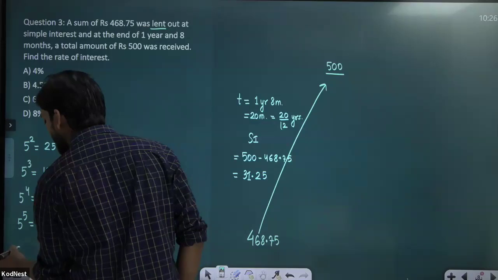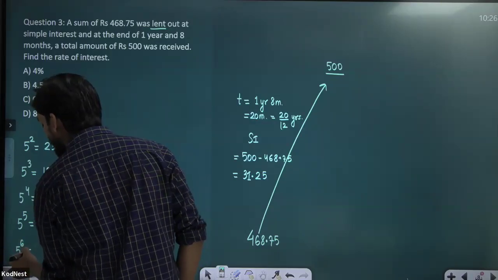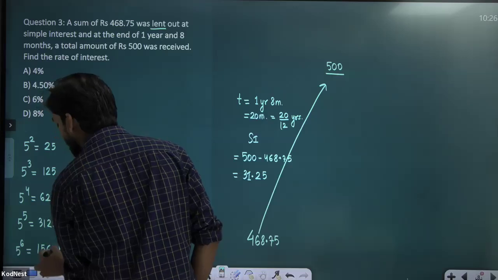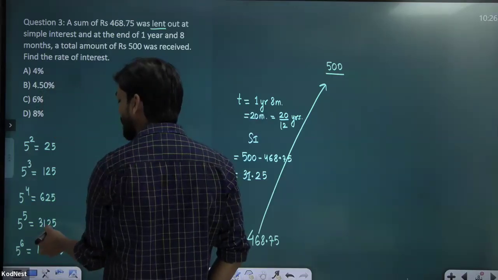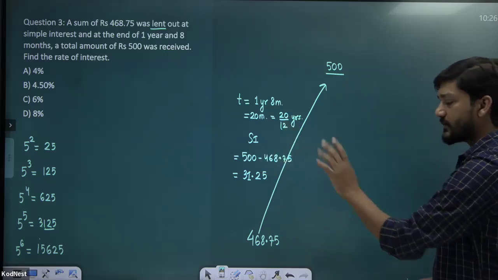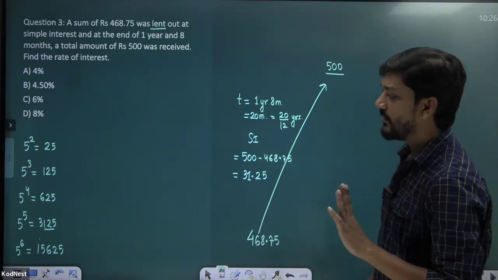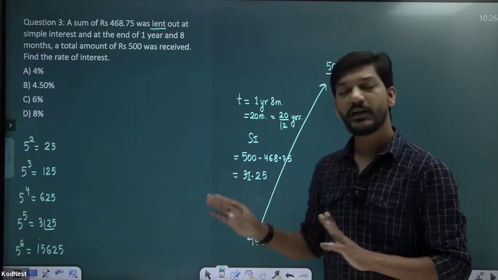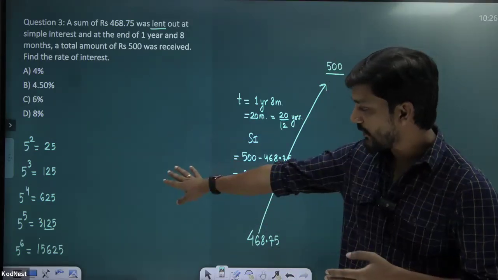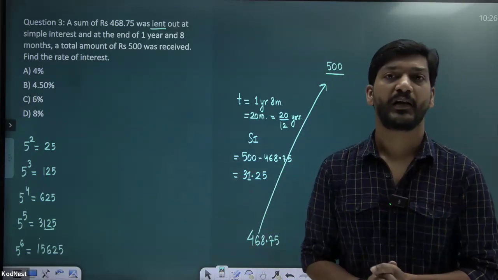Again multiply by 5, I will get 5 power 6, which is 15625. 5 3 15. 125 into 5 is 625. So all these, not all I will say, but yes, the values are related with powers of 5. So that's why if you think this way, it will be simple for you.